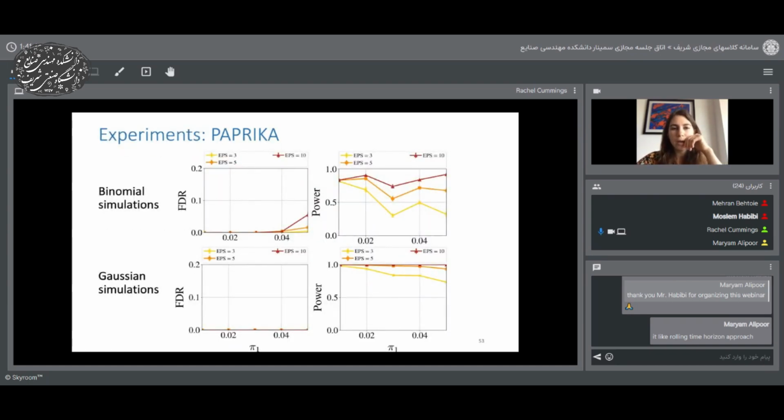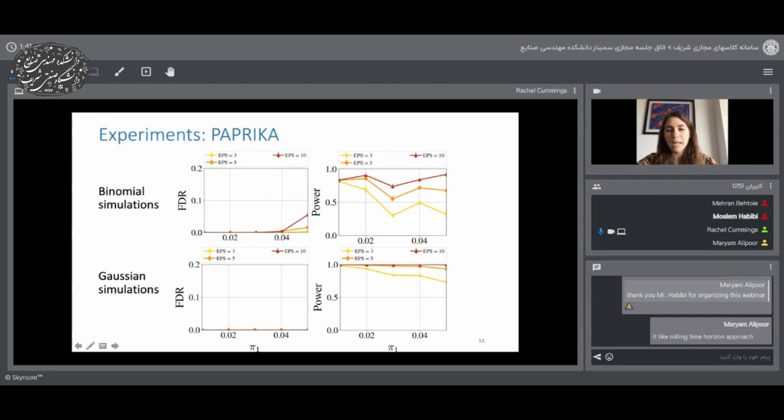We also have some experiments, and we show under differing epsilon guarantees how the FDR looks. In the interest of time, I'll not go through these in detail, but I'll just point out the key observations. We consider both binomial and Gaussian data, and we see that our FDR is small.